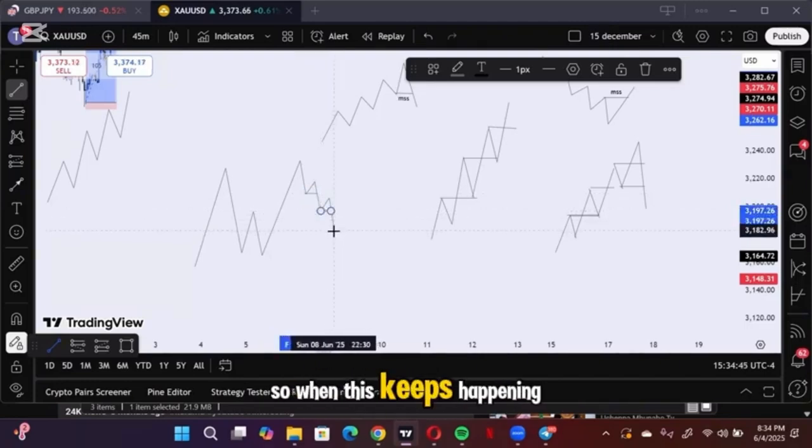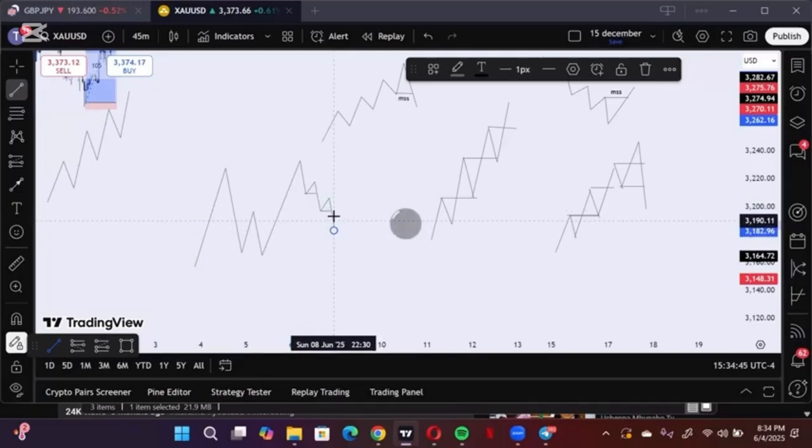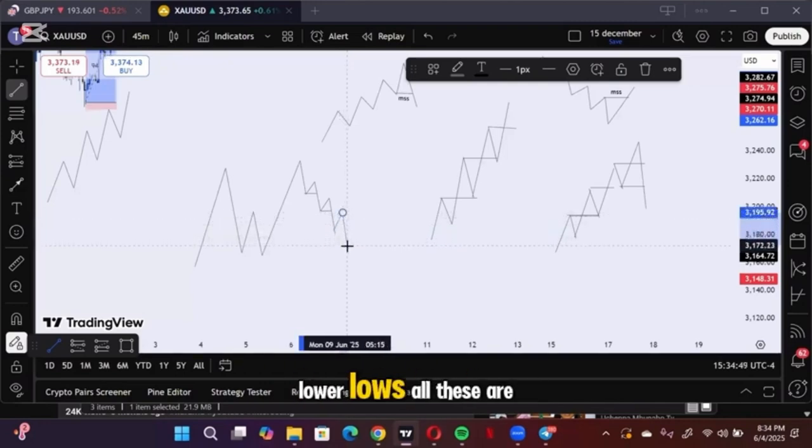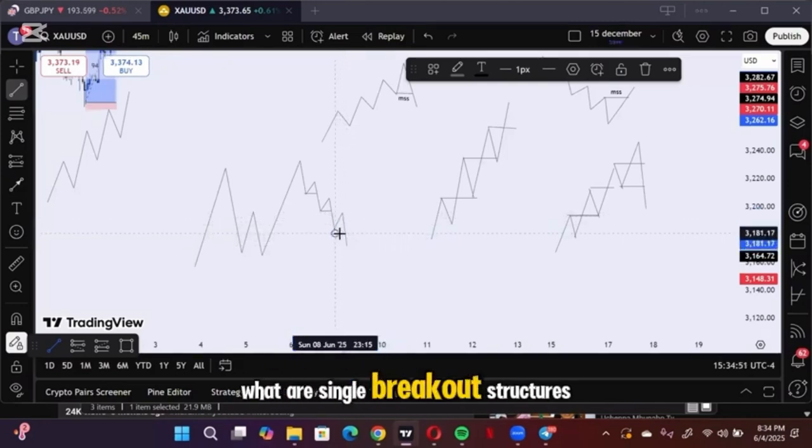It's taking out one consecutive zone. So when market takes out just one zone, that is what you call a single break of structure. So when this keeps happening, lower highs, lower lows, lower highs, lower lows, all these are single break of structures.